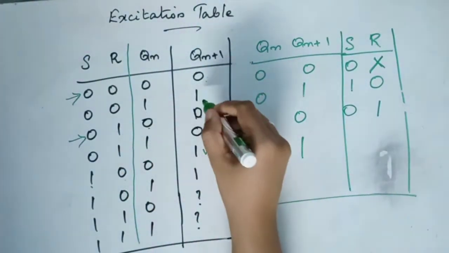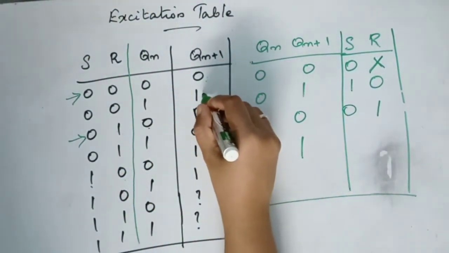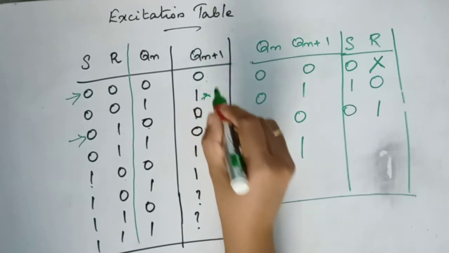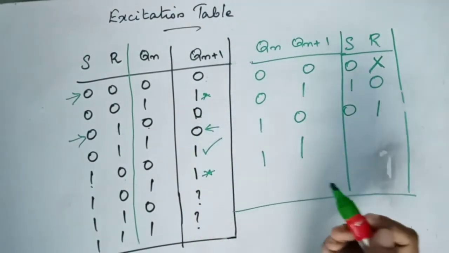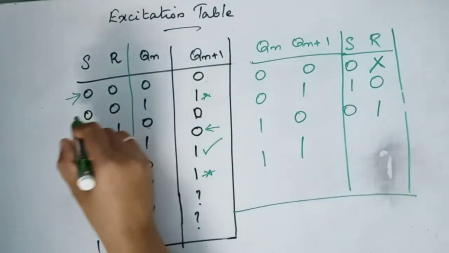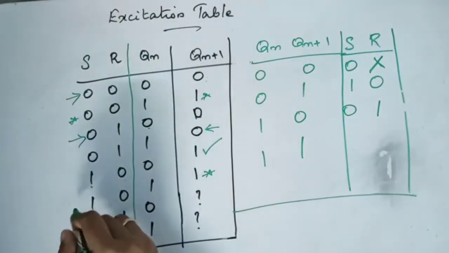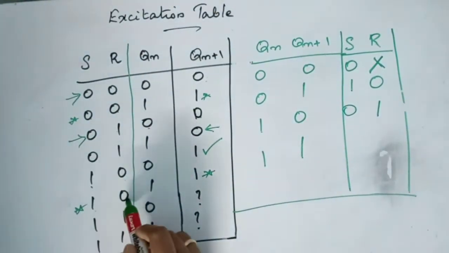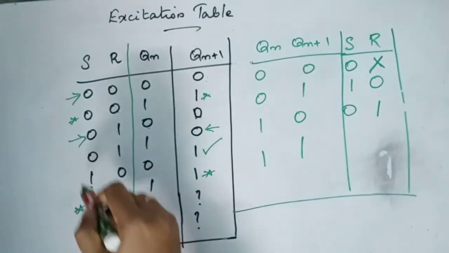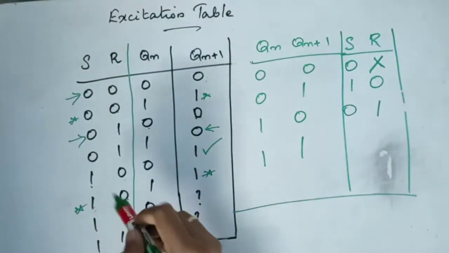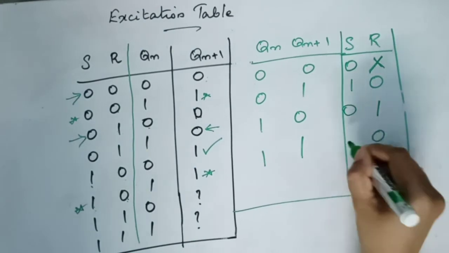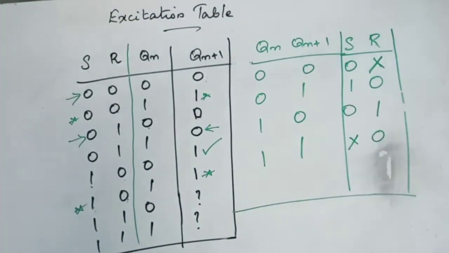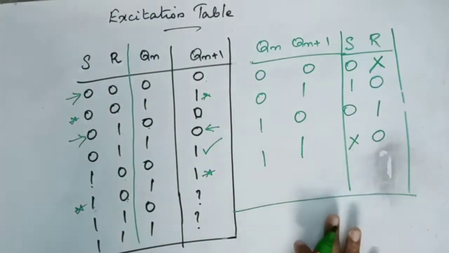Then 1 1: we have two cases here, S0 R0 and S1 R0. So S can be anything, R should be 0. S is don't care. So this is the excitation table of the SR flip-flop.